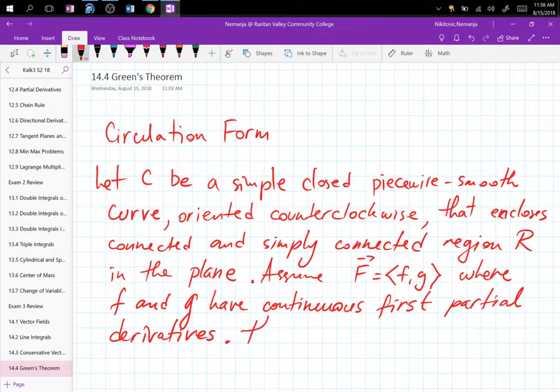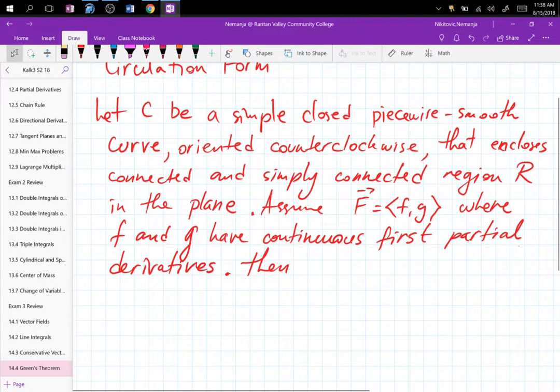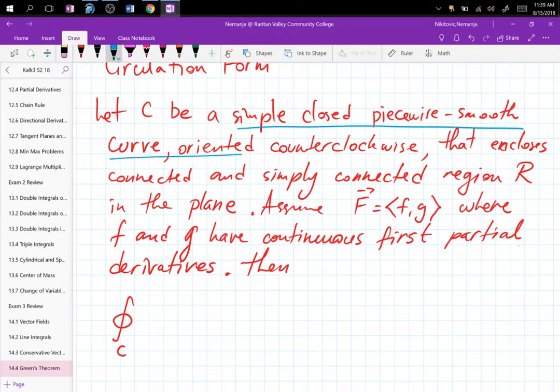Then, and now we have this integral sign with a circle around it. Now, this circle, guys, just means everything that I underlined over here in blue. So the line is smooth, oriented, encloses the region that is connected and simply connected. So all of that good stuff.